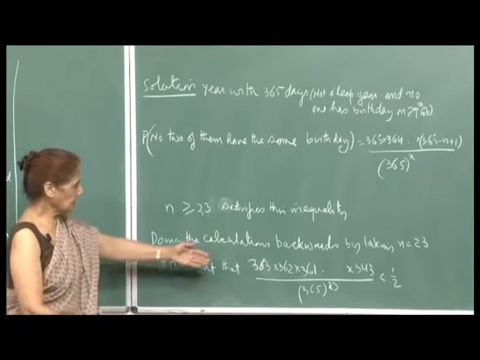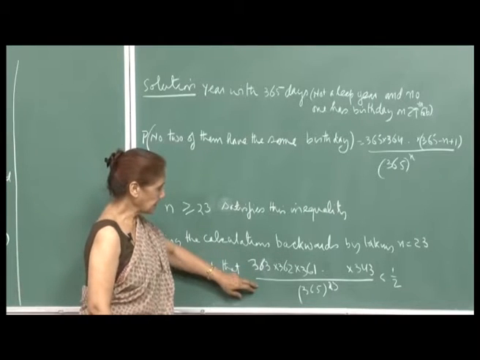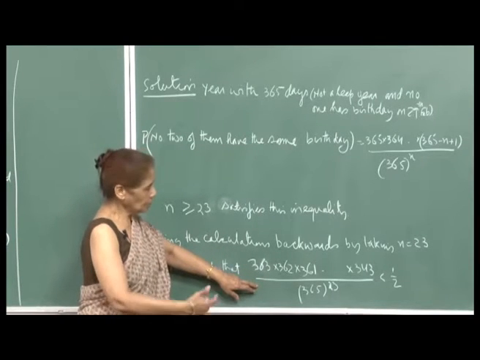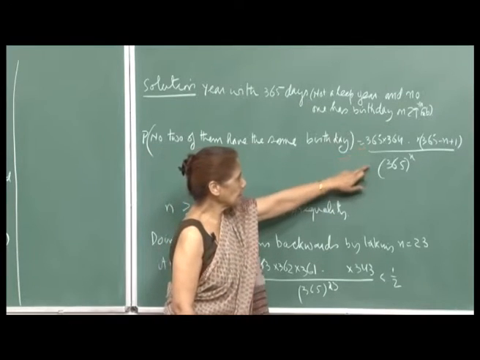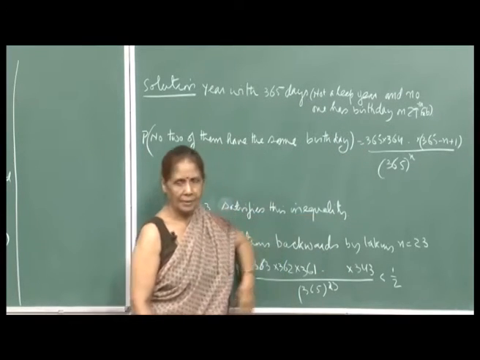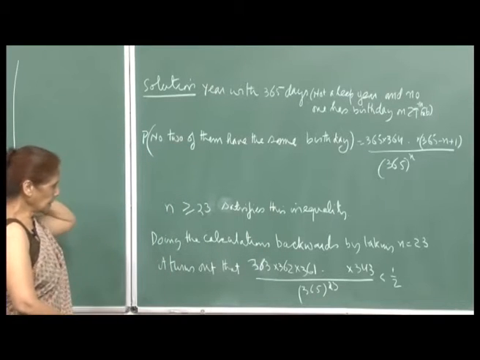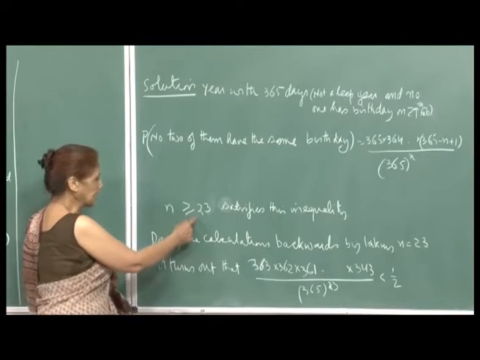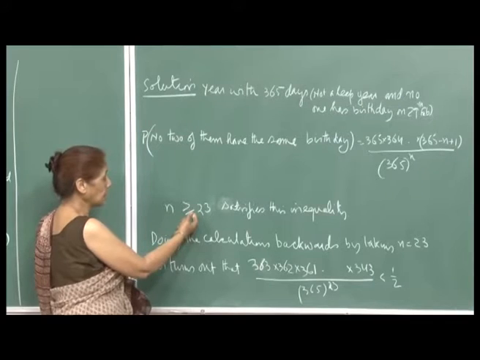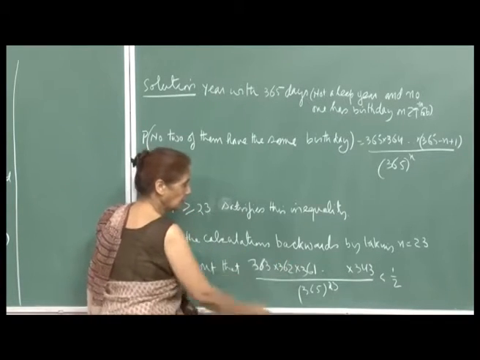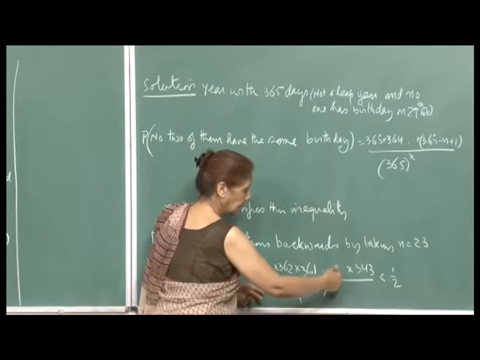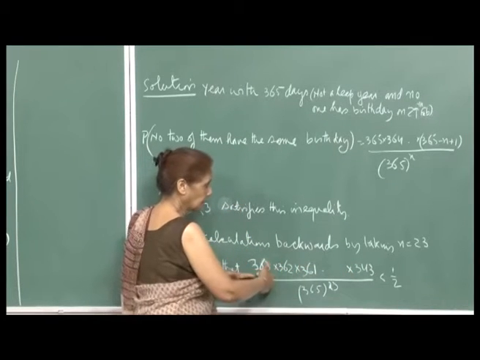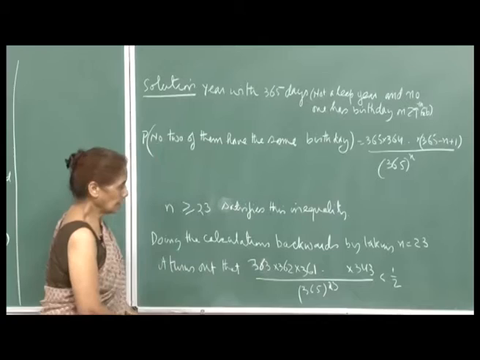And so, the next number is 364 by 365, which is also less than 1. So, the probability will remain less than half, and of course, the last number is 365 upon 365, which is 1. In fact, if I took n to be less than 23, that means, if I took n to be 22, then this will not happen, because then you will be starting with 344, and when you calculate backwards, it will not turn less than half.